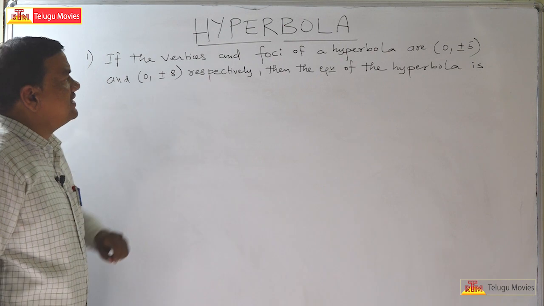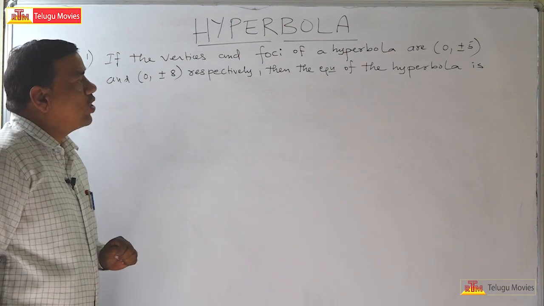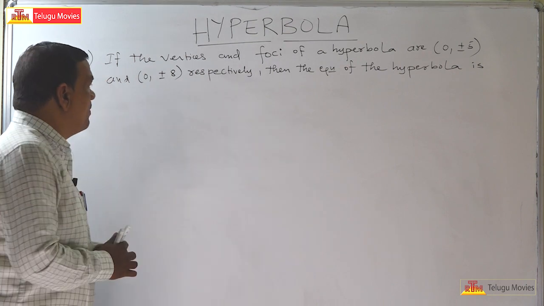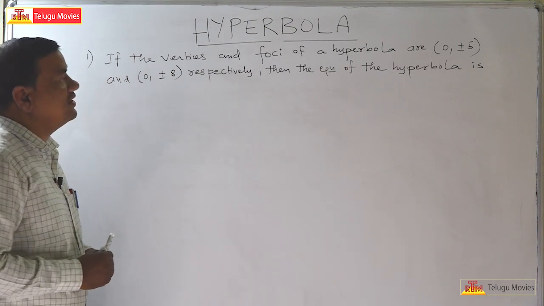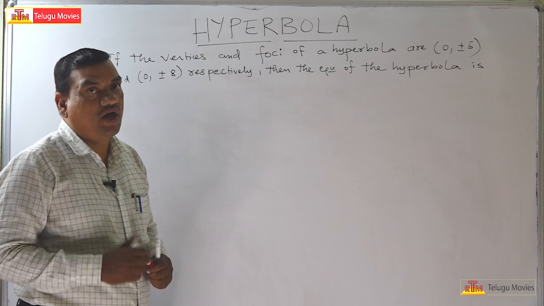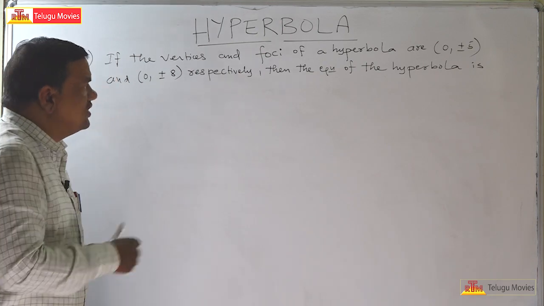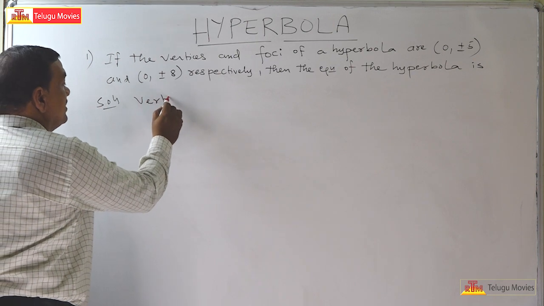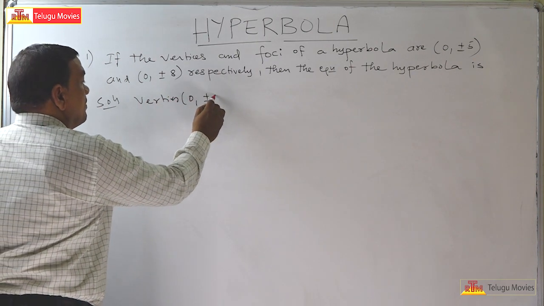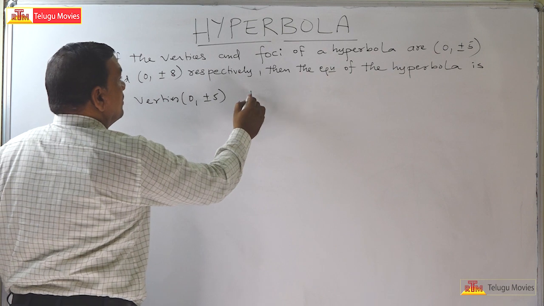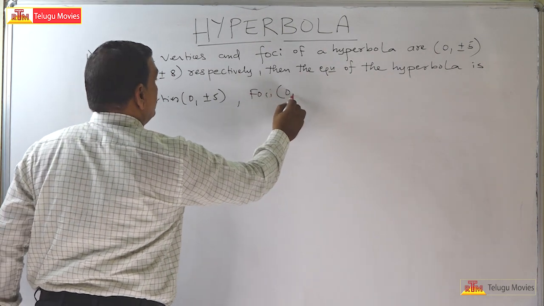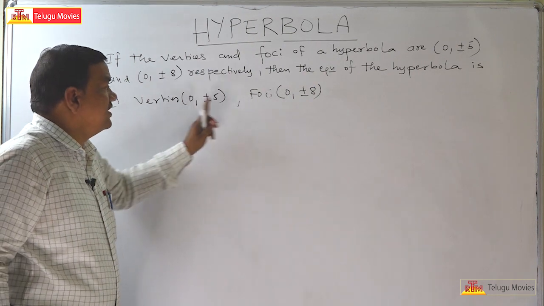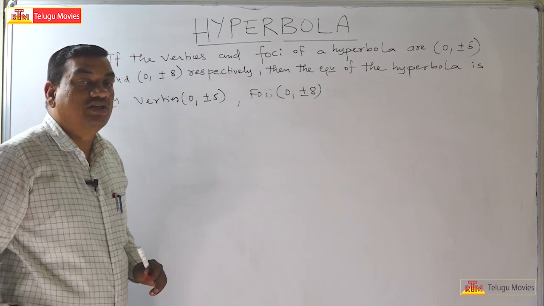If the vertices and foci of a hyperbola are (0, ±5) and (0, ±8) respectively, then the equation of the hyperbola is, the question is that. Observe that the vertices are given as (0, ±5) and the foci as (0, ±8). Here the x coordinate is 0, and here also the x coordinate is 0.